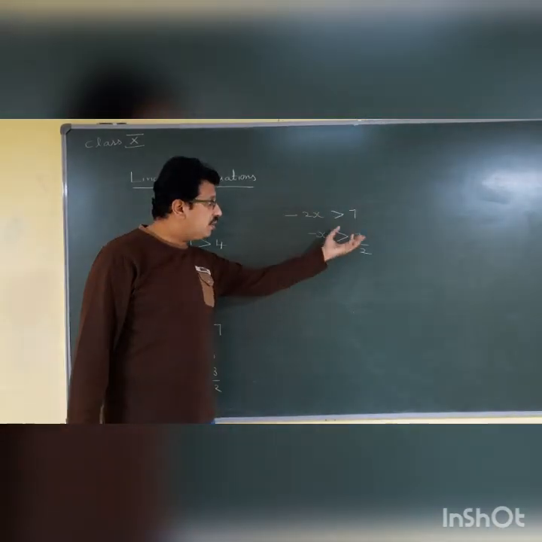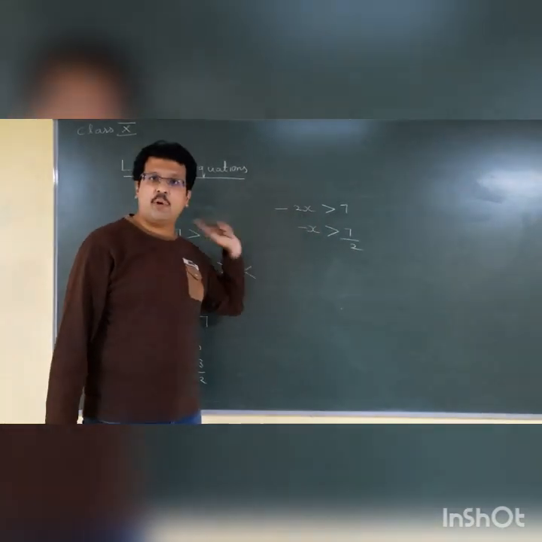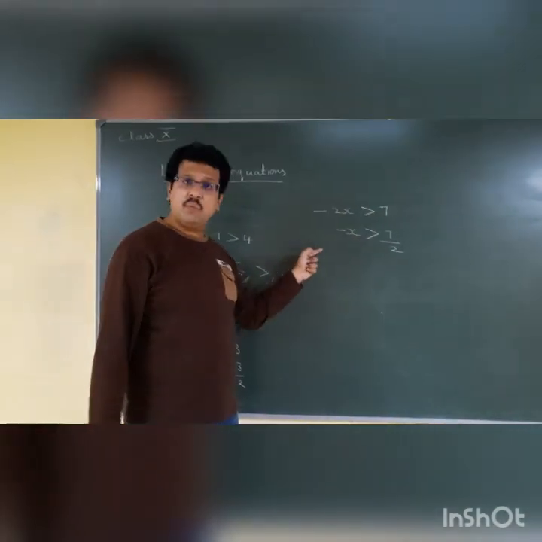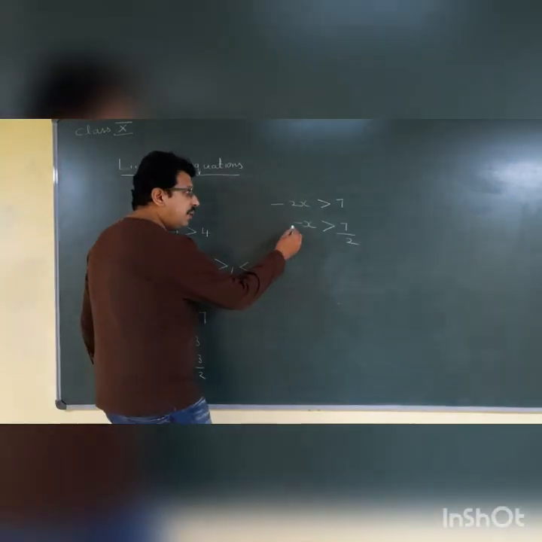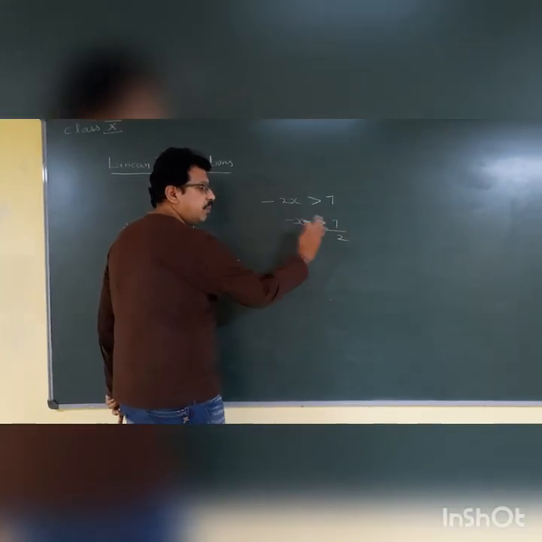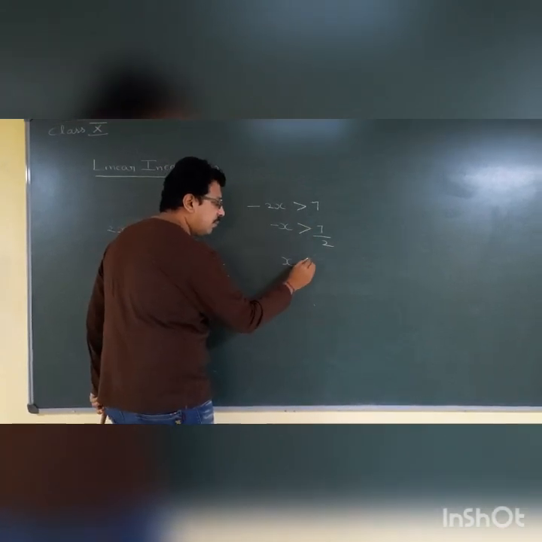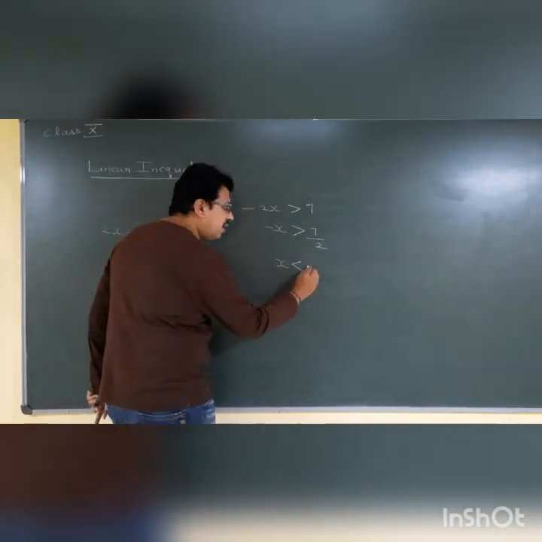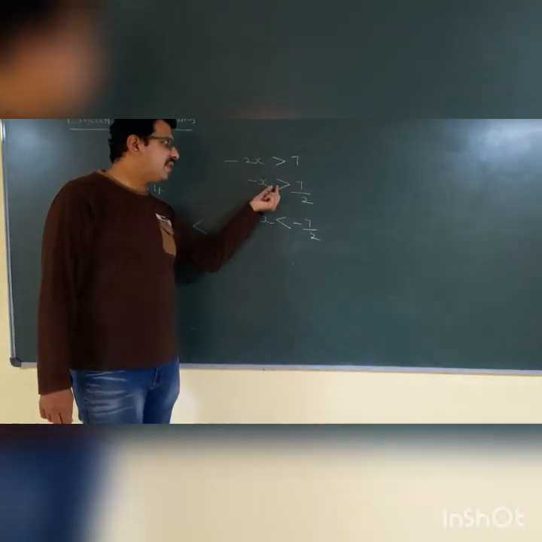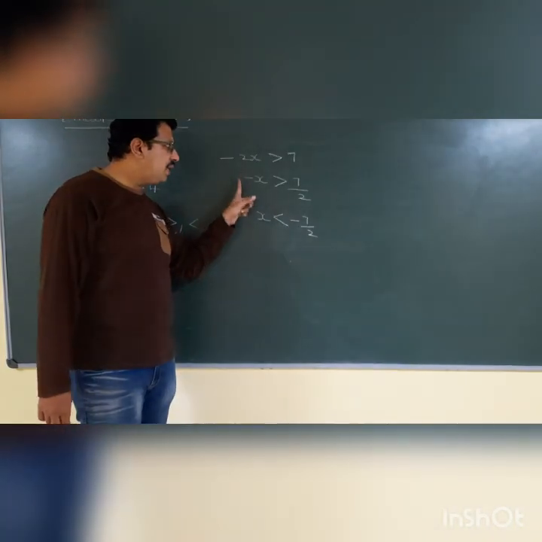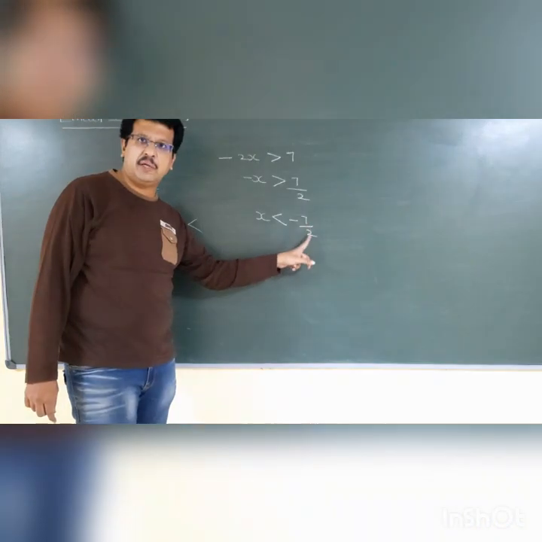If you observe this inequation, minus x is there. This x has to be made positive. If you want to make it positive, the inequality has to be changed. If you multiply both sides by minus sign, the greater than sign becomes less than, so x is less than minus 7 by 2.